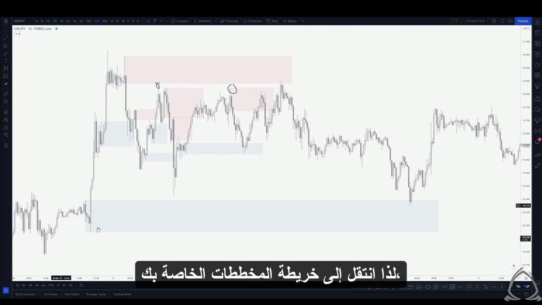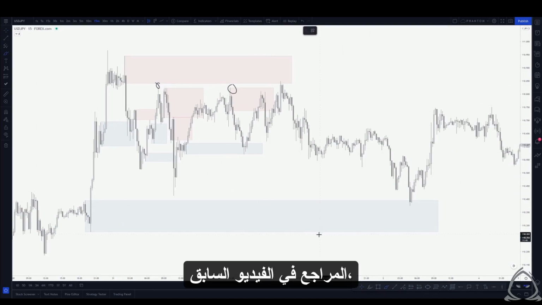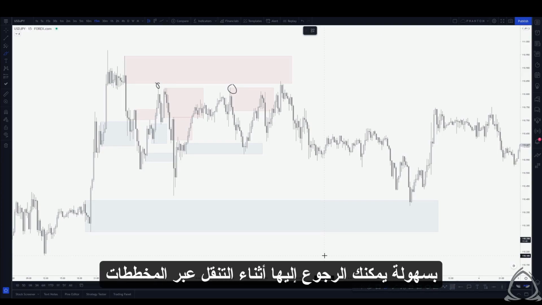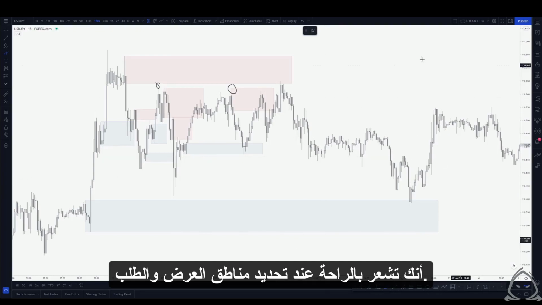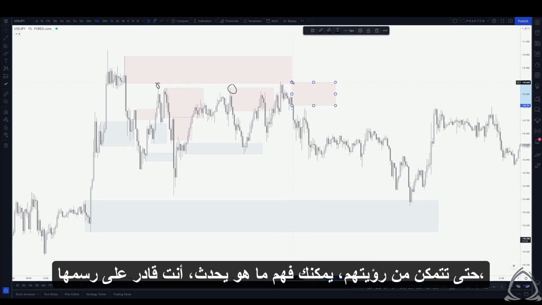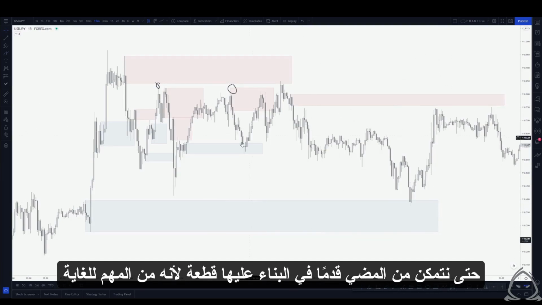So go to your charts and map out all of the supply and demand zones that you see using the references in the previous video. Have the infographic that I've created on another monitor or readily available to refer back to as you navigate through the charts, so that you're comfortable mapping out these zones, able to see them, understand what's happening, and get better at identifying them quickly and efficiently, so that we can continue building on those pieces.